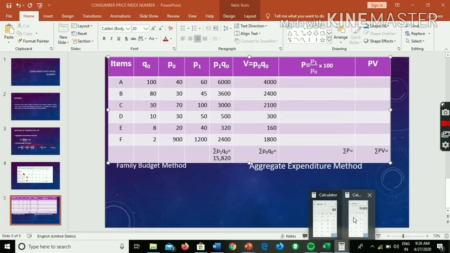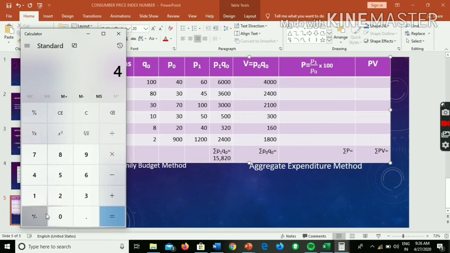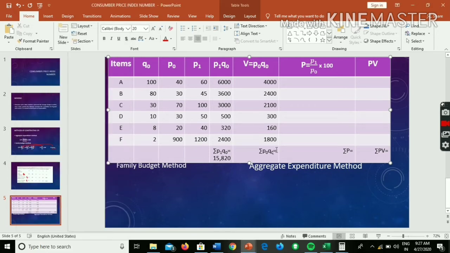Now find the sum: 4000 plus 2400 plus 2100 plus 300 plus 160 plus 1800. That is 10,760. So 10,760 is the value of V, that is P0 Q0.